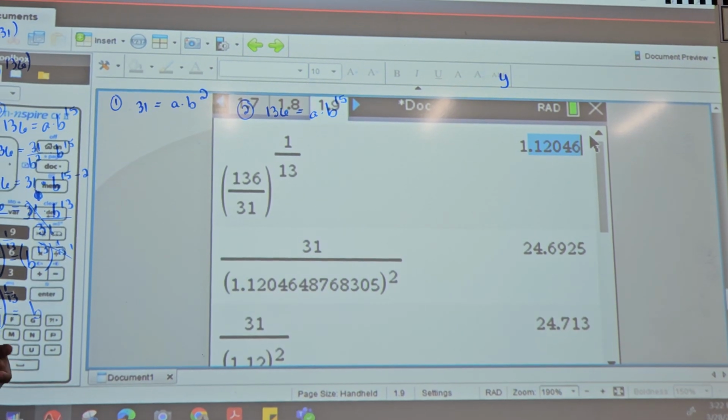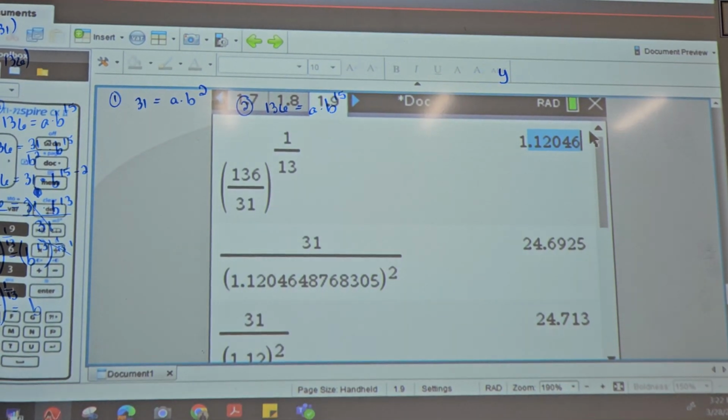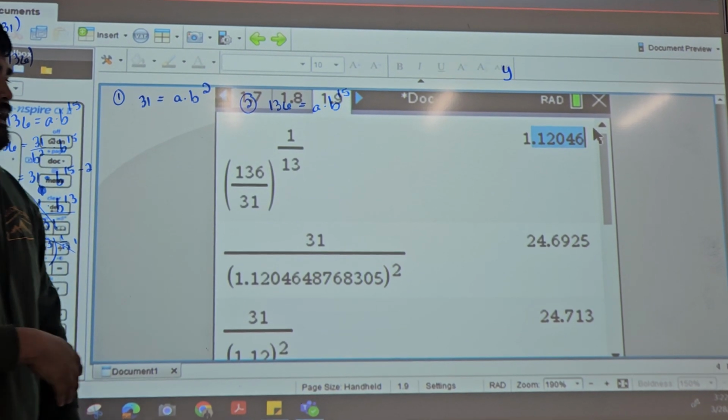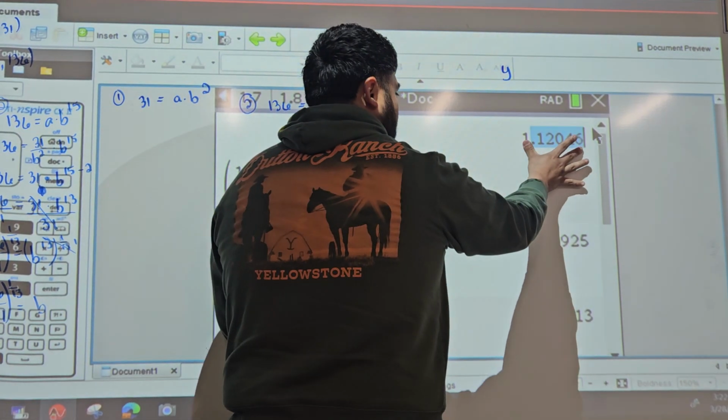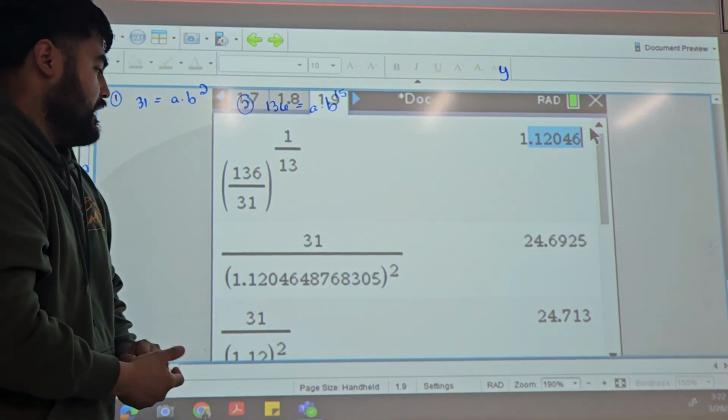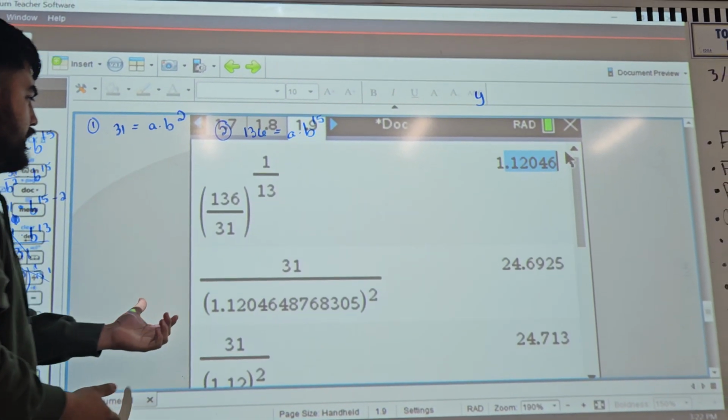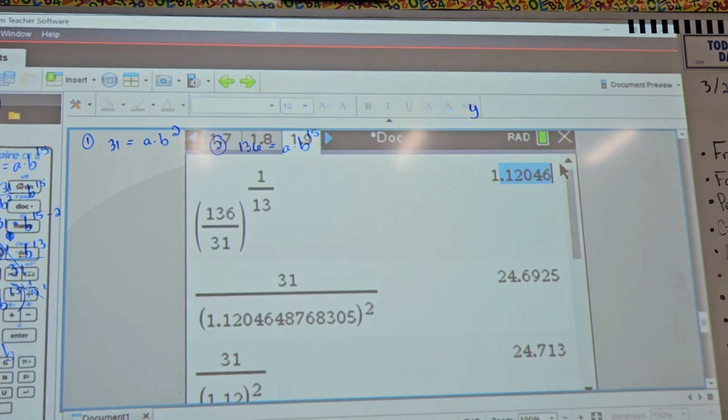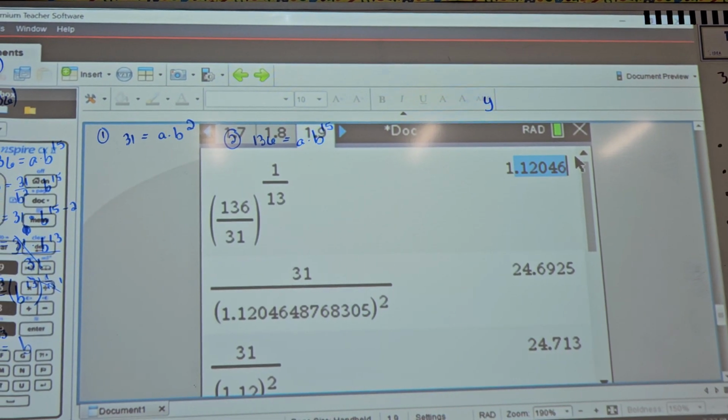But some of you guys had questions regarding, hey sir, do we approximate right now, and do we use that approximation to solve for the other variable, A?